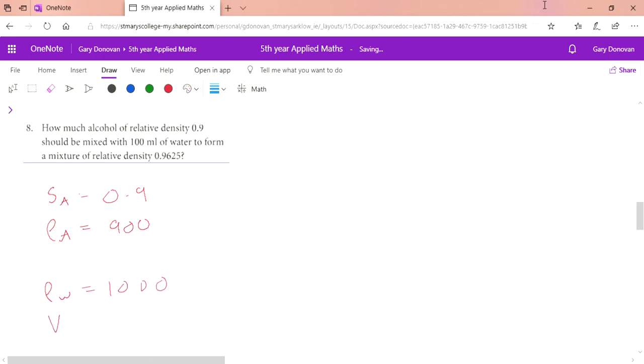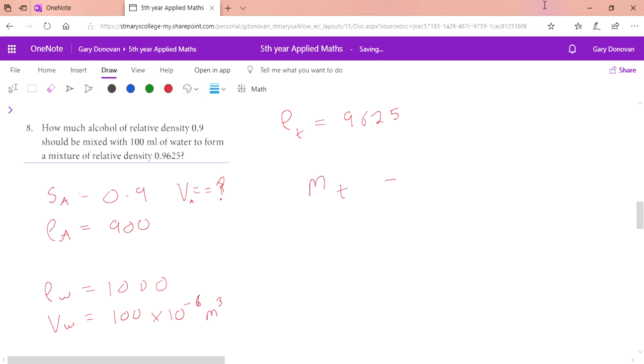And we have a volume of water of 100 times 10 to the minus 6 meters cubed. We're looking for the volume of alcohol. How much volume of alcohol do you need to mix to this to give us a total density of 9625? Again, just start off the same way.